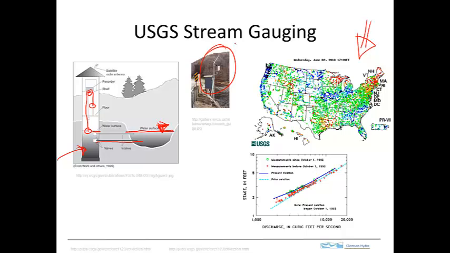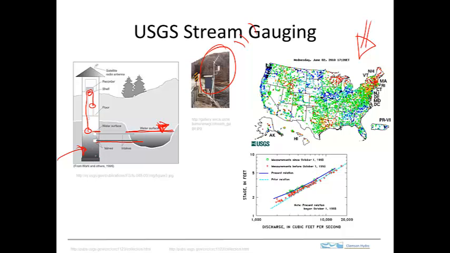It sends out the data and sends it back to the USGS home base, and it's available on the internet soon after it's recorded. So if you want to get the stage and the flow of your favorite stream, and there's a gauging station on it, you can look it up on the internet and get the data. It's usually posted every 15 minutes, so it's pretty close to real time.